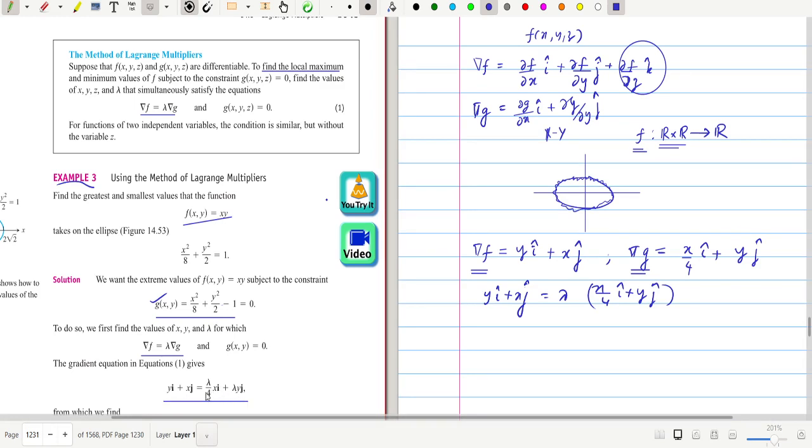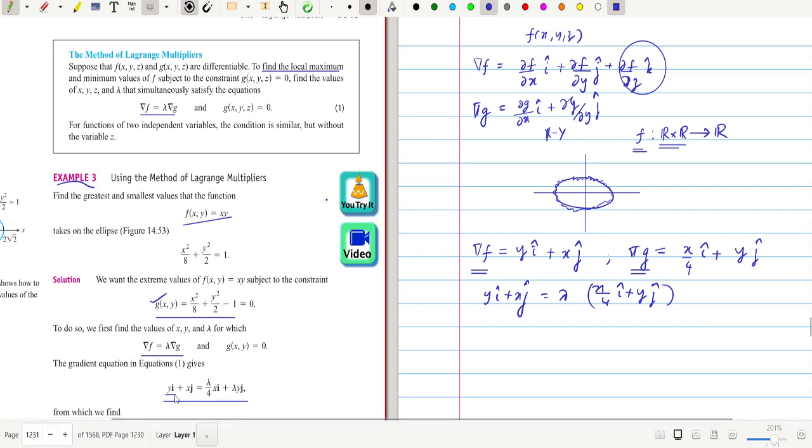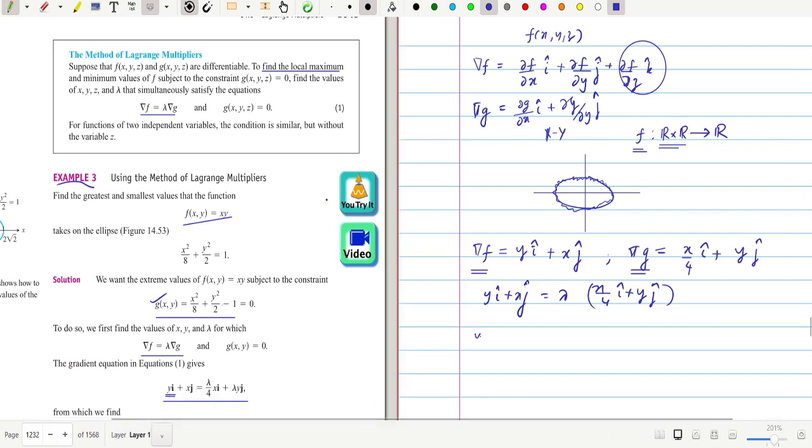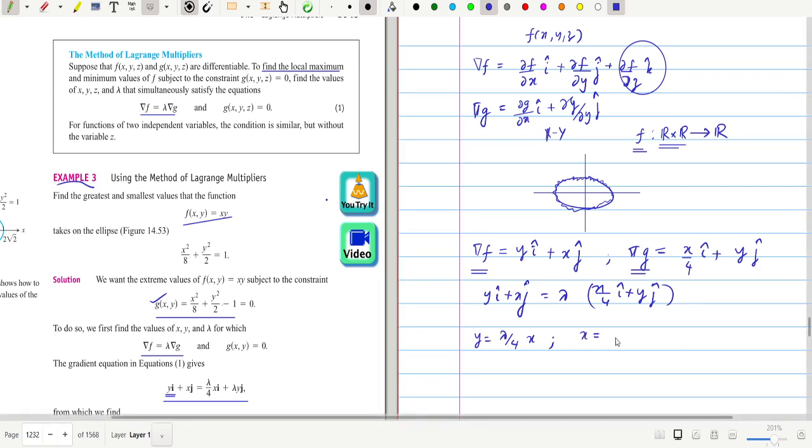From this you get two equations by equating the coefficients of i and j on the left and right sides. The first equation is y equal to lambda by 4 times x, and the second equation is x equal to lambda times y. These are the two simultaneous equations obtained from this.